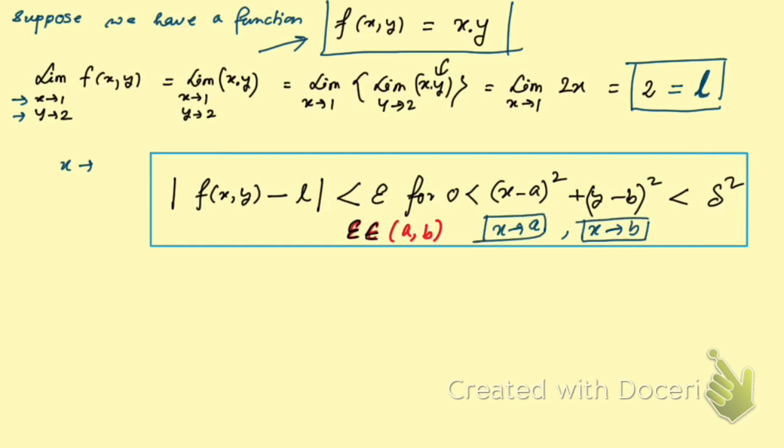In our example here, we have taken x tends to 1 and y tends to 2. So that's why in this case a is equal to 1 and b is equal to 2, right?